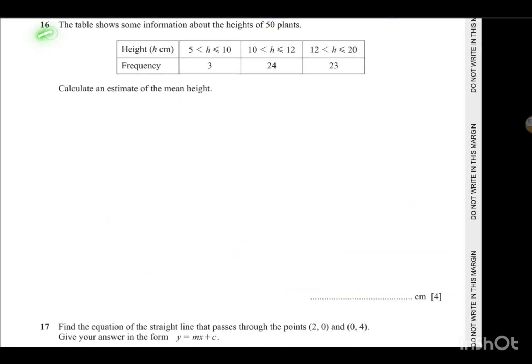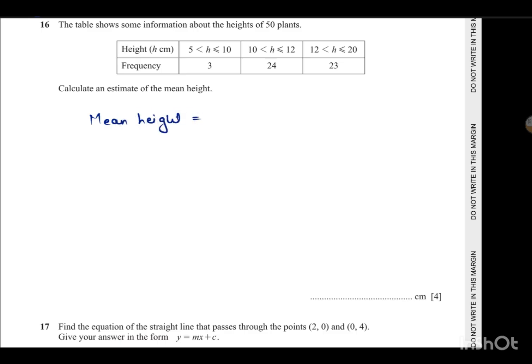Question number 16. The table shows some information about the heights of 50 plants. Height in centimeters is given and their range is given in three different classes. Frequency is given 3, 24, 23. They are asking us to calculate an estimate of the mean height.